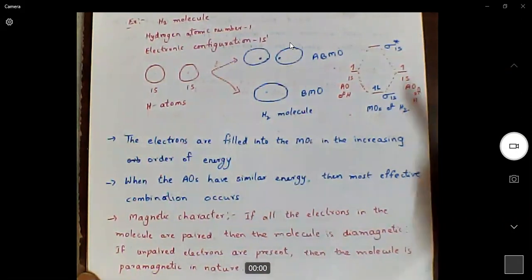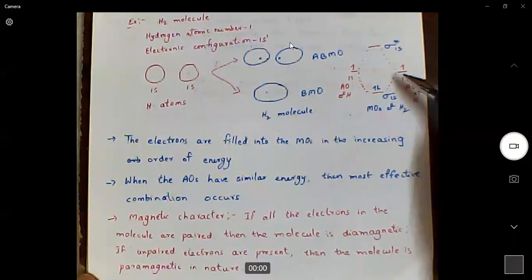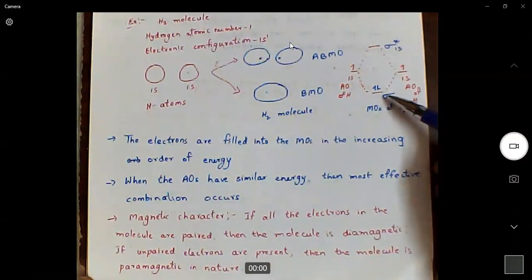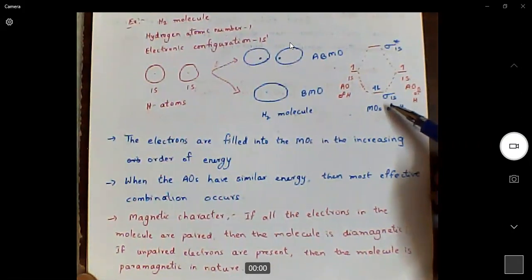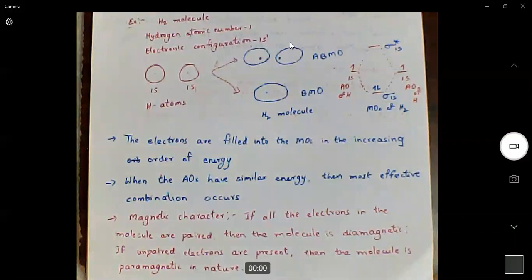That means the two electrons will first be filled in sigma 1s. If there are more electrons, then we will go to sigma star 1s. If only two electrons are there, we will fill them in sigma 1s. So filling electrons in MOs also follows the Aufbau principle.